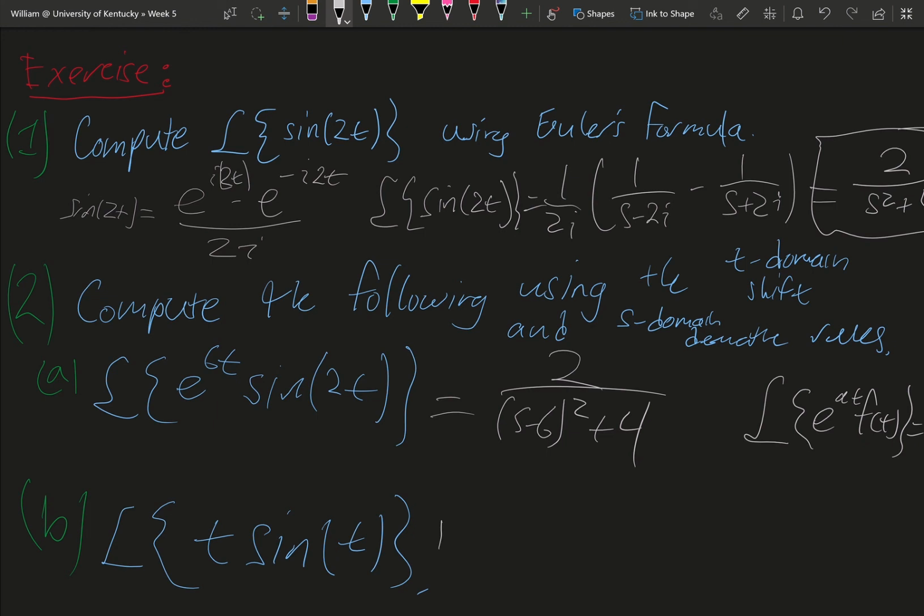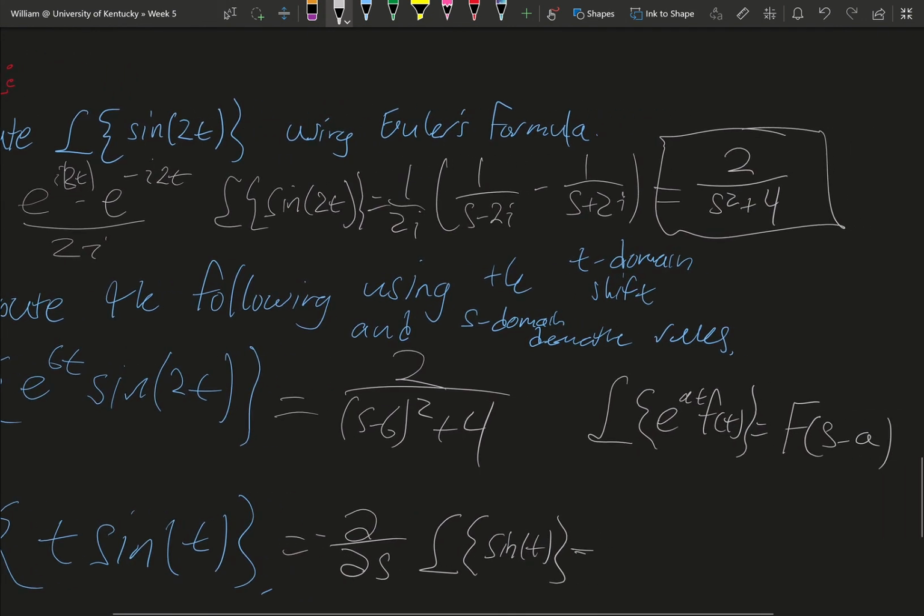Similarly, using the s domain derivative rule, we have that this is equal to the derivative of our Laplace transform of sine of t. I'm sorry, negative the derivative. So this becomes negative the derivative of 1 over s squared plus 1.